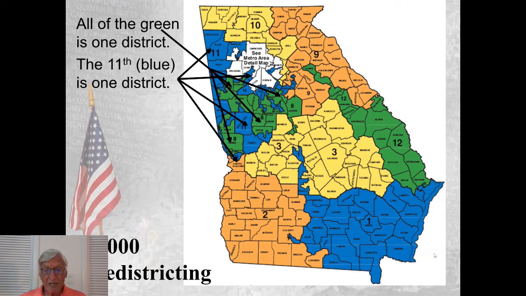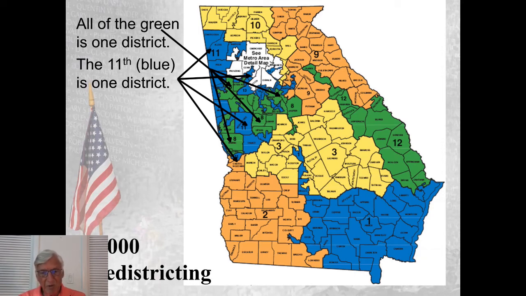This is not current, so this is 2000. But notice a couple of these districts. Notice the green one just south of the metro area, where you've got it just weaving all over the place, where they've hooked in that one area. It looks like they barely have a sidewalk keeping the sections together.